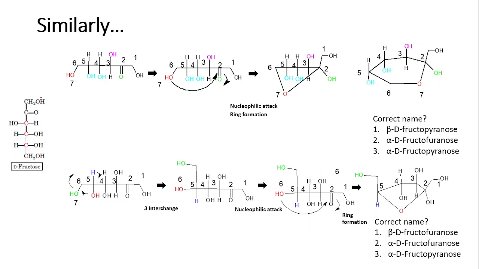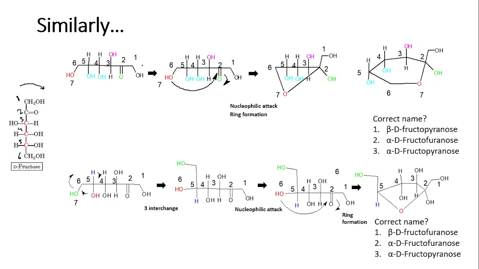First thing you need to do is turn it 90 degrees. It was like this, so you can see the backbone has turned 90 degrees, and everything else is the same. CH2OH is carbon number 1, so the numbering goes 1, 2, 3, 4, 5 and 6.